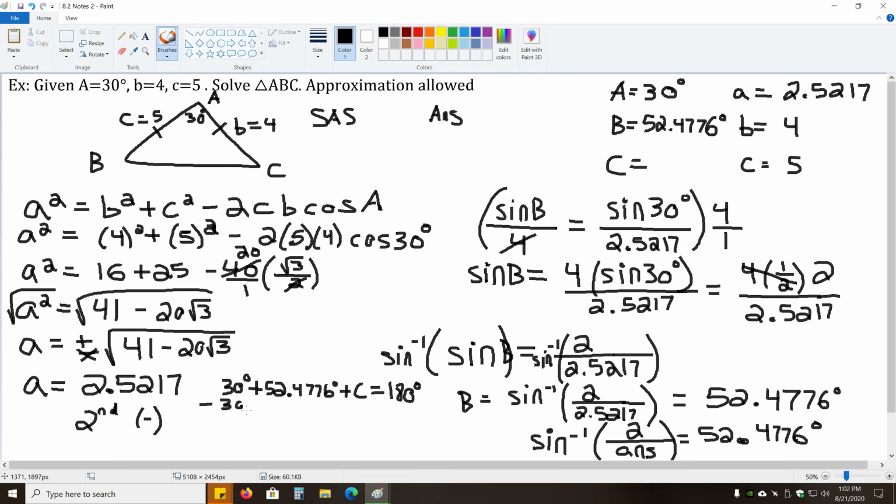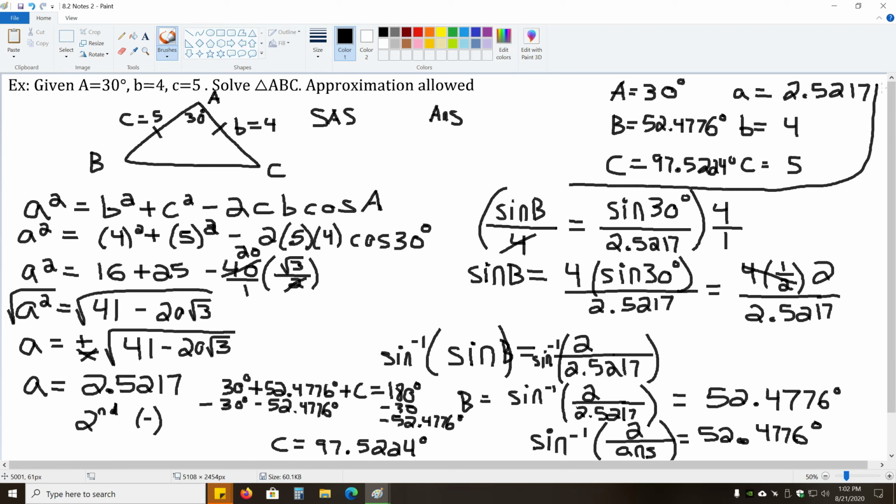So we'll subtract 30 degrees and subtract 52.4776 degrees from each side, to get angle C equals 97.5224 degrees. And that is the last piece of information we need to finish solving this triangle. Now it is completely solved based on the given information we had.